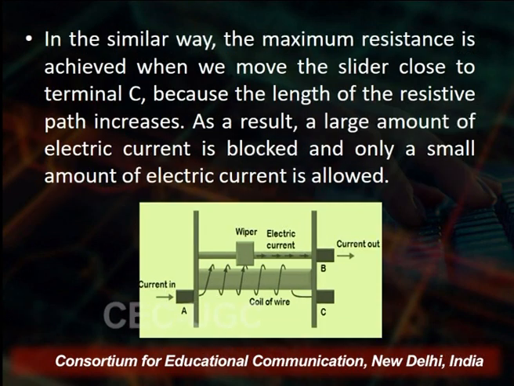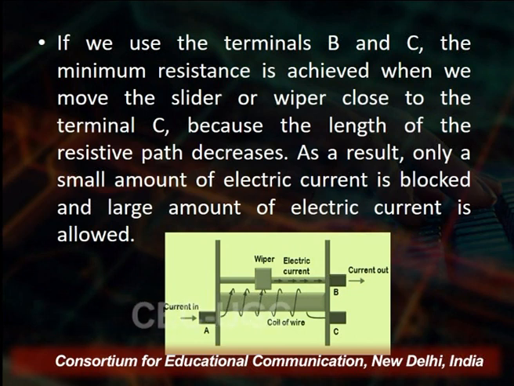In a similar way, the maximum resistance is achieved when we move the slider closer to terminal C, because the length of the resistive path increases. As a result, a large amount of the electric current is blocked and only a small amount of electric current is allowed to flow. So this is a very basic operation of the rheostat.